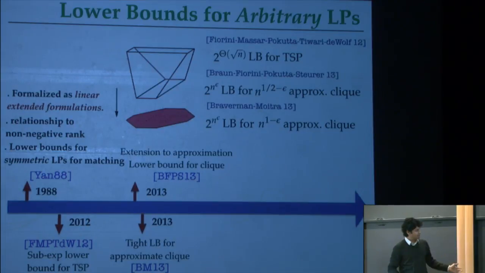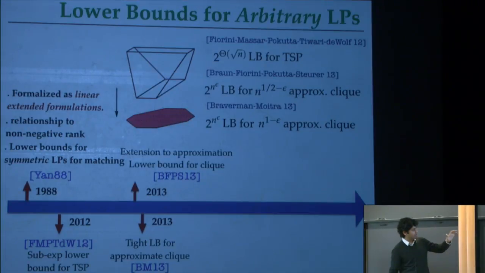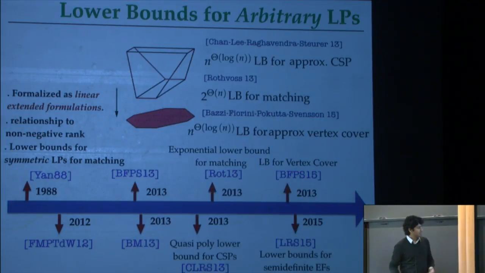In particular, following this, the framework was generalized to approximation problems instead of exact problems by Braun, Fiorini, Pokutta, and Steurer. And then they showed a lower bound for approximating clique, which was tightened to the right answer by Mark and Ankur. And since then, a number of results have been known.